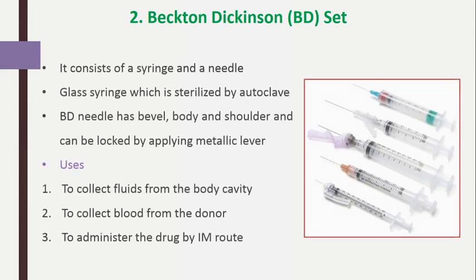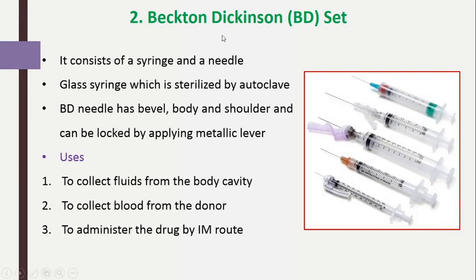Let's see the next surgical item here, that is BD set, that is Becton Dickinson set. It consists of a syringe and a needle. You can see in this picture, the syringe as well as the needles compose this BD set.